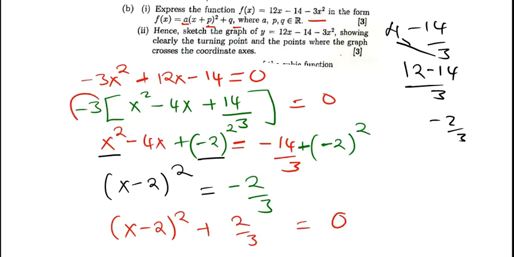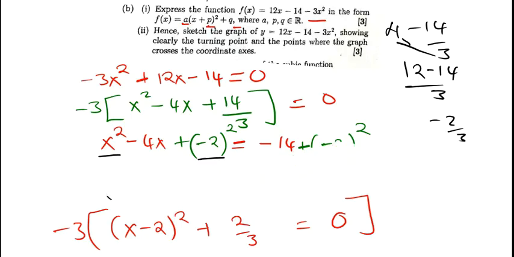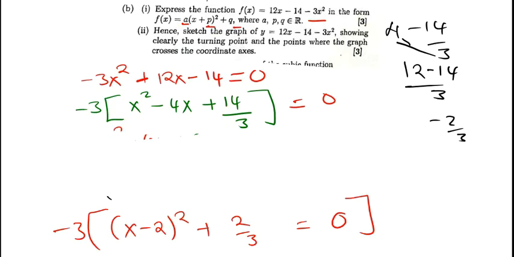Let's bring back our minus 3 that we had actually pulled out. Whatever we're going to have after multiplying by minus 3 is actually the wanted solution.